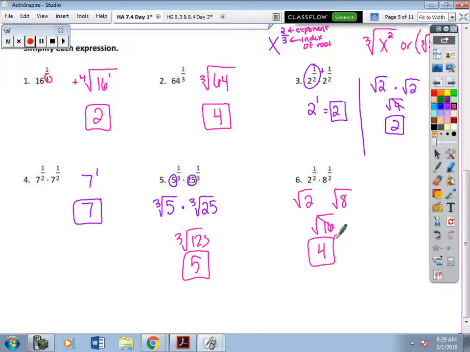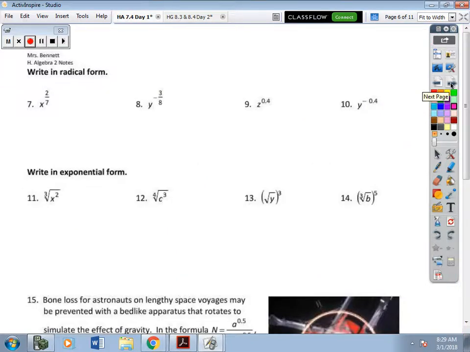Now on the back, we're going to give you radical form with variables and ask us to write it in radical form. So they just want you to practice converting from this form to this form, and then we're going to go from this form back to this form, just to make sure that you understand again what goes where. So remember that the denominator is the index, and the numerator is the exponent that will stay.